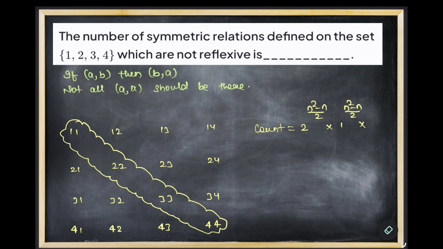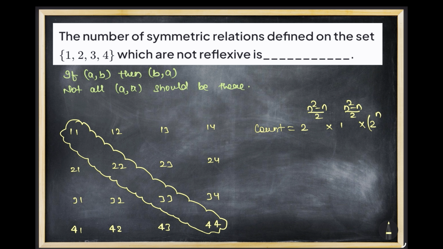Then you will say, sir, reject it. So corresponding to this element, you have two choices. Corresponding to each of these elements, you have two choices. So how many elements are in the diagonal? n. So 2 power n.